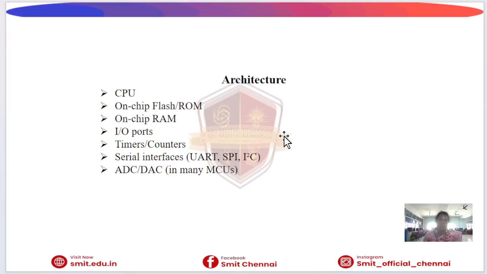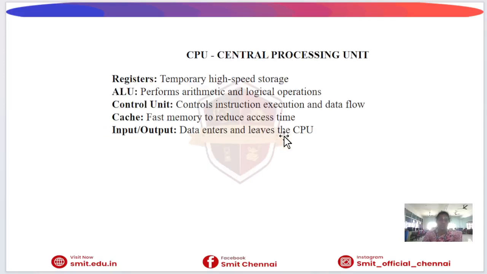Serial interfaces: UART is serial communication between devices. SPI is a high speed communication protocol. I2C is communication using two wires. ADC and DAC also: ADC converts an analog signal to a digital signal, and DAC converts a digital signal to an analog signal. For example, a temperature sensor signal is converted by the ADC for the microcontroller. These are the architecture.